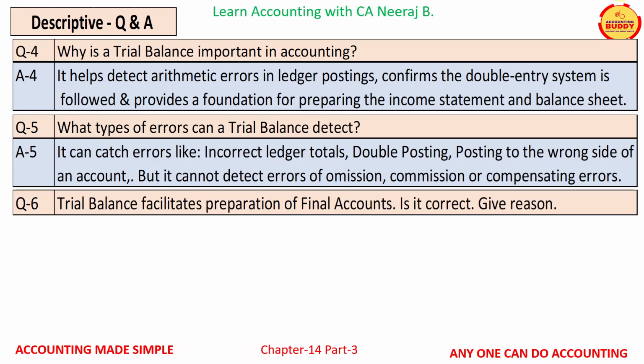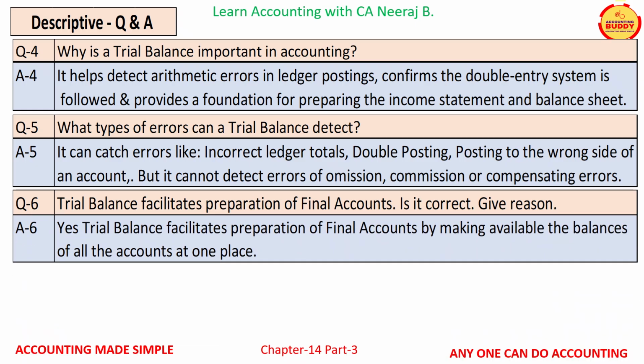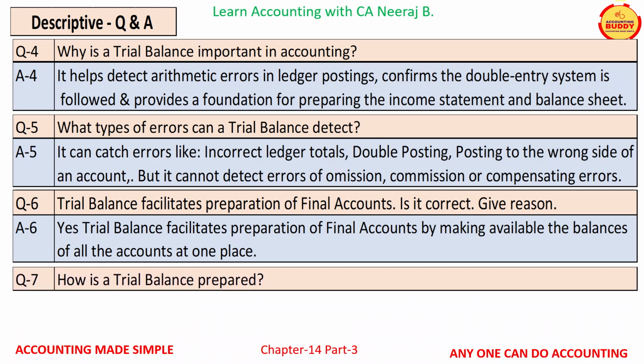Question number 6 is trial balance facilitates preparation of final accounts. Is it correct? Give reasons. And the answer is yes, trial balance facilitates preparation of final accounts by making available the balances of all the accounts at one place.